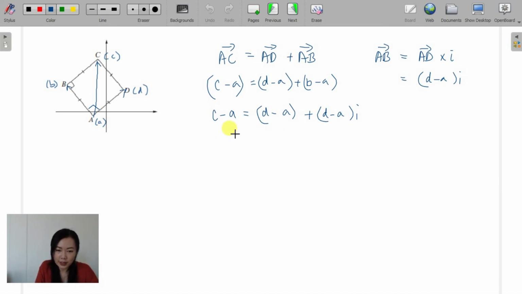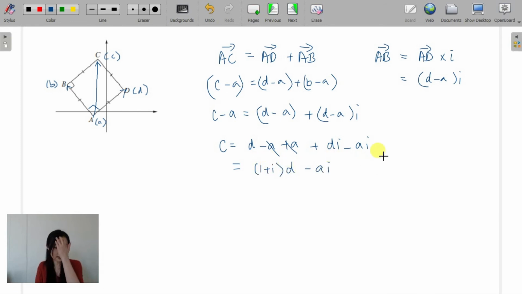So let's simplify this. C is D minus A. I'm going to add that A across so they cancel, and then factorize that. That's pretty much it.